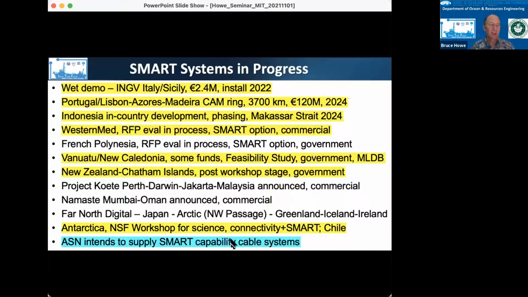Lastly, just to mention that Alcatel Submarine Networks, ASN, has issued a press release indicating that they will supply smart capability. And as these RFPs require smart capability, they are prepared to provide that.